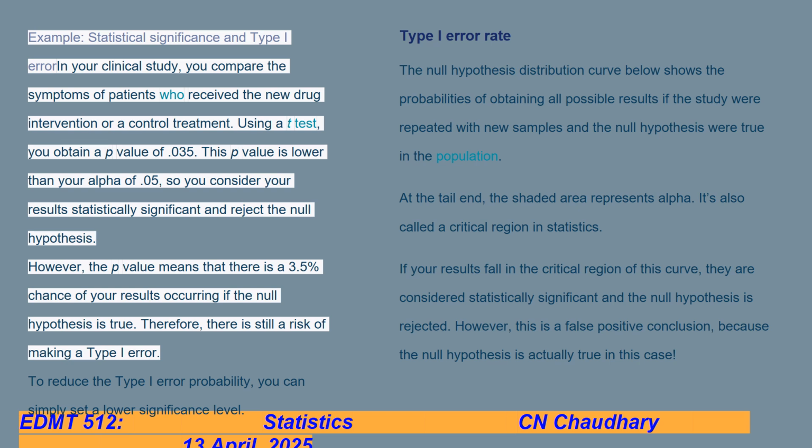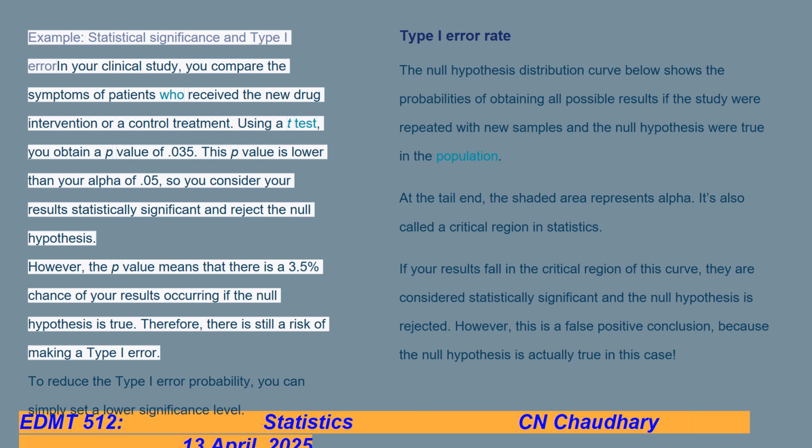Talking about the type 1 error rate, the null hypothesis distribution curve below shows the probabilities of obtaining all possible results if the study were repeated with new samples and the null hypothesis were true in the population. At the tail end, the shaded area represents alpha.